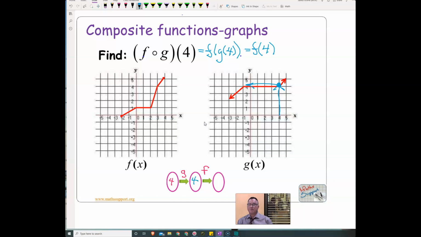Now that 4 becomes the x-coordinate over here on graph f. So there's 4. So I go up. That intersects the graph. So I go over. And the output is 5. So f of 4 is equal to 5.